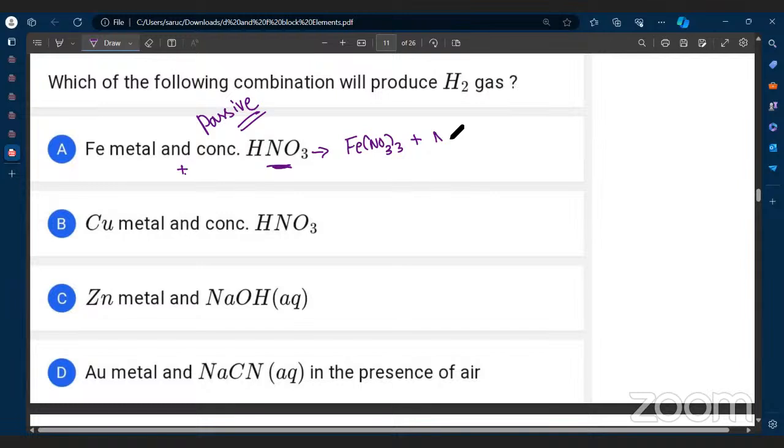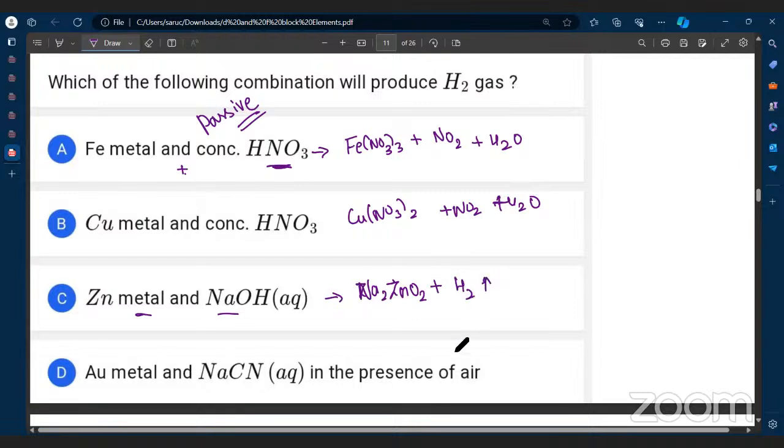Now, when you react copper with nitric acid, same, you'll get NO2 and water. We know that metals become passive with concentrated nitric acid. Now, when you react zinc with NaOH, you get sodium zincate, and hydrogen gas will get liberated.